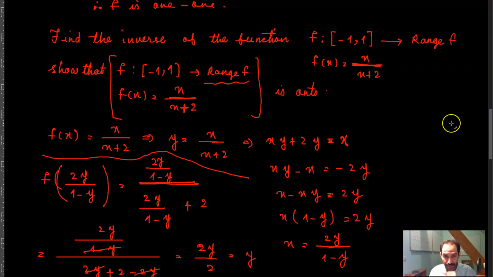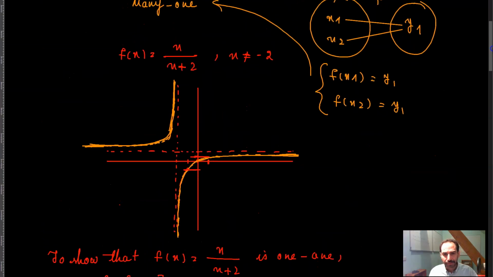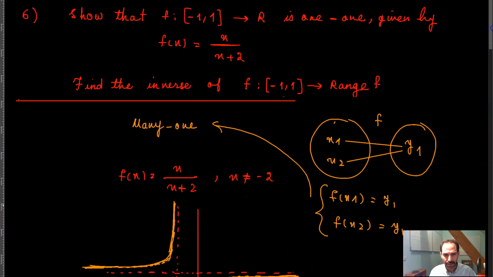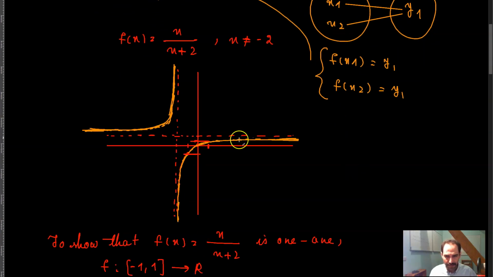Now the range of f is basically, we have f of x is equal to x over x plus 2, and you can basically calculate f of -1 and f of 1 and see where that gets you, meaning that f of -1 is equal to -1 over -1 plus 2, because the function is x over x plus 2, which is equal to -1 over 1, which is equal to -1.